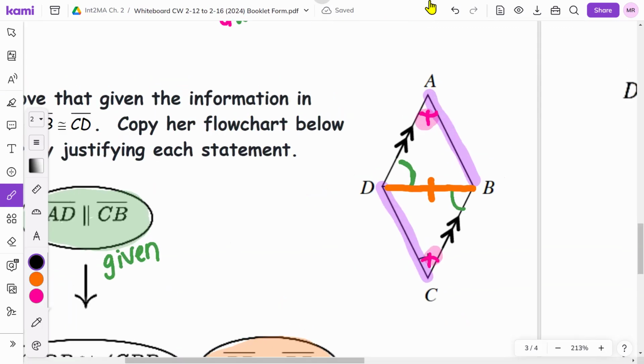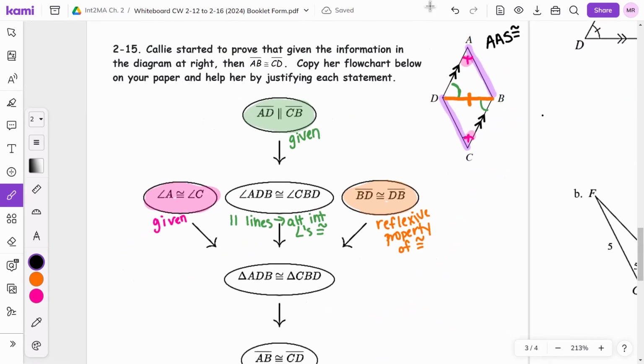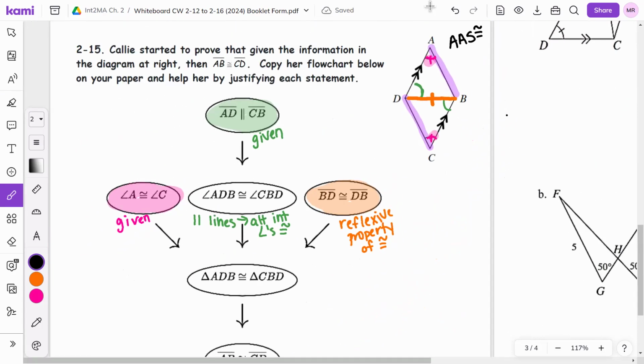I have two angles and a side, and it's not the side in between. So it's going to be angle, angle, side congruence. So we're going to say that this is AAS congruence. But that's not helpful.